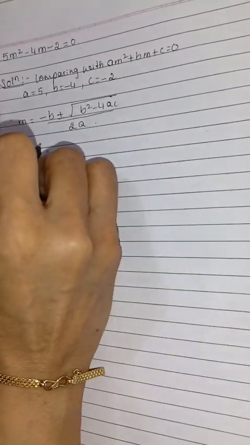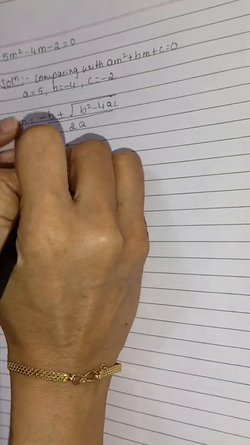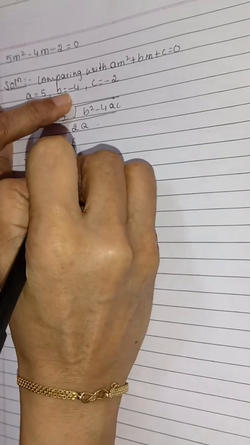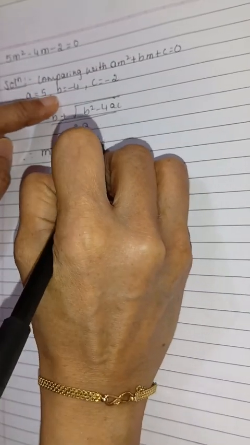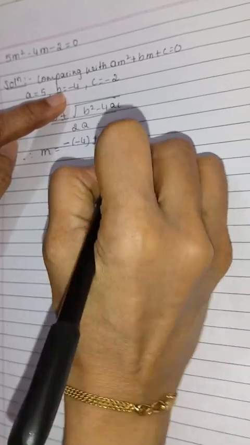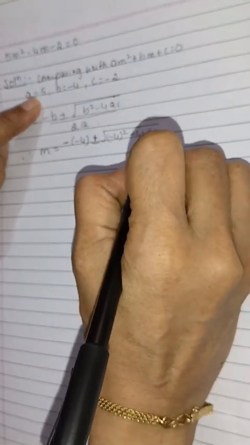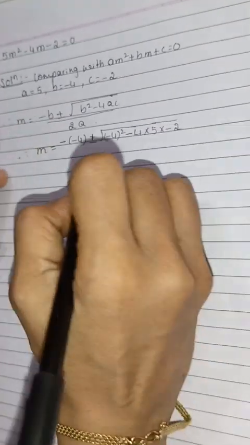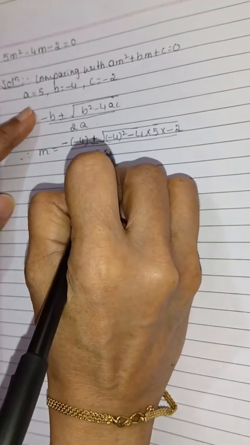Okay, therefore m is minus b, this minus and this minus of minus 4. Okay, plus or minus square root of b square is minus 4 square minus 4 into ac. A is 5, c is minus 2, divided by 2 multiplied by a is 5.